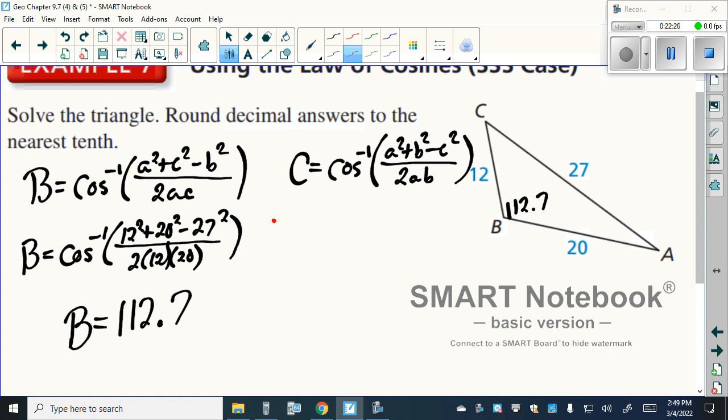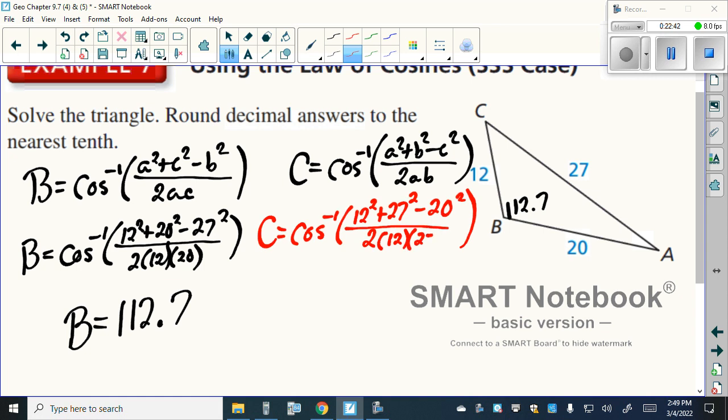Now to find the measure of angle C, well, that would be cosine inverse of, well, we said A is already 12 squared, plus B is 27 squared minus 20 squared over 2 times 12 times 27.